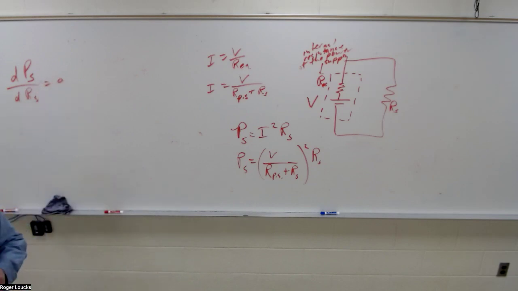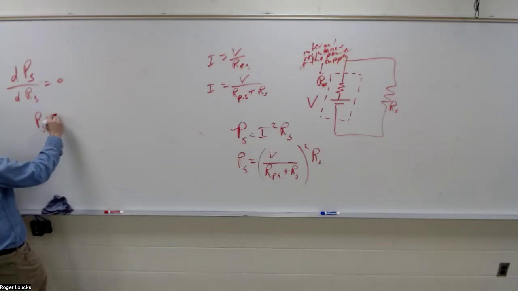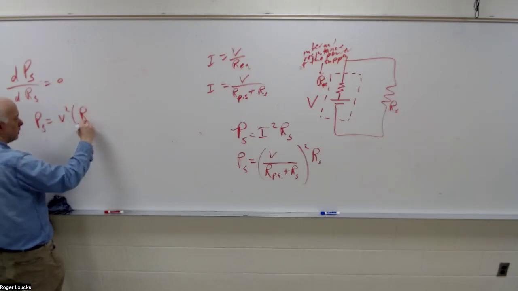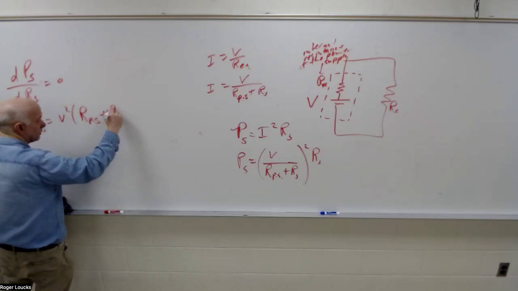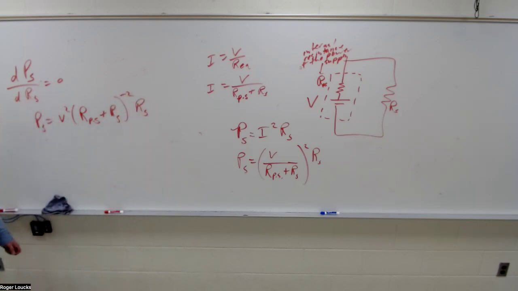Okay. Does this have a name? I'm going to rewrite this in a slightly different fashion. I'm going to write this as V squared times R_S times (R_PS plus R_S) to the minus 2. If I take the derivative of this, does this have a name?